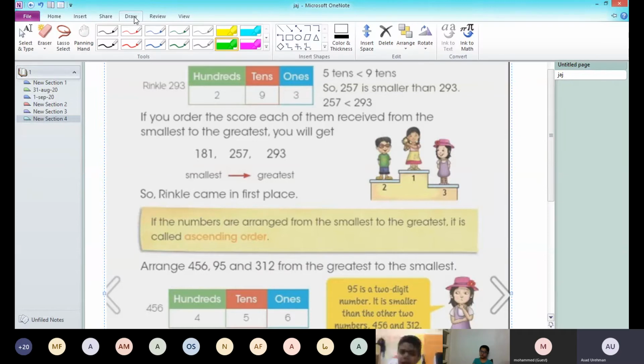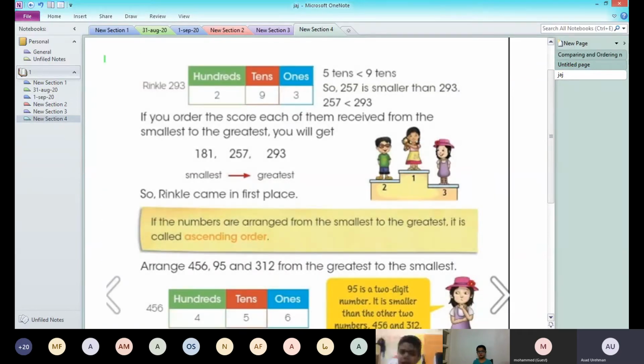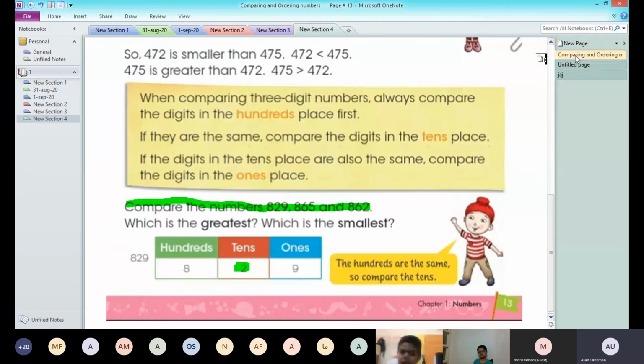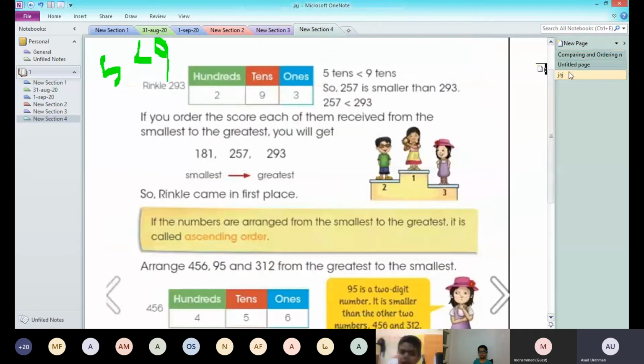So you know very well that 5 is less than 9. That means 257 is less than 293.